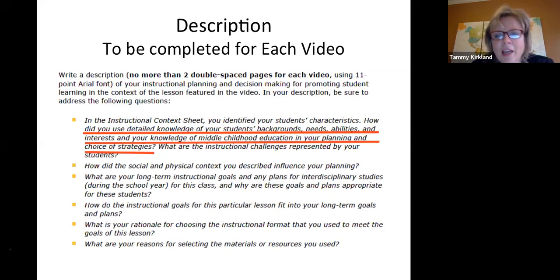For those of you that know Jackie Parker, she has always told me the highest scoring entries that she's ever read always integrated writing. I don't care if they were teaching science, social studies, math, or what, integrating writing. So that might be something that you could put there. That would be a good goal. And then, how do the instructional goals for this particular lesson fit into your long-term goals, and what's the rationale for choosing this?